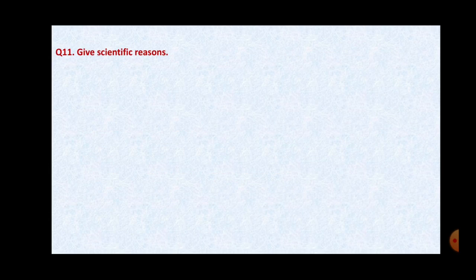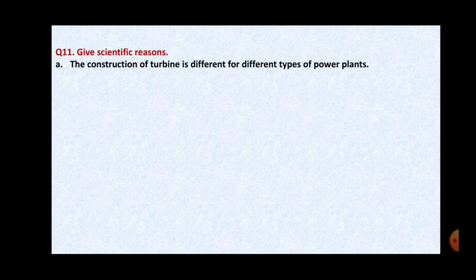Question number 11 is give scientific reasons. The first question is: the construction of turbine is different for different types of power plants. Now this you will write in your own words. We have studied all the different types of power plants. In some the fuel is coal, in some it is natural gas, or radioactive elements. Now all these power plants work on the principle of electromagnetic induction, right?